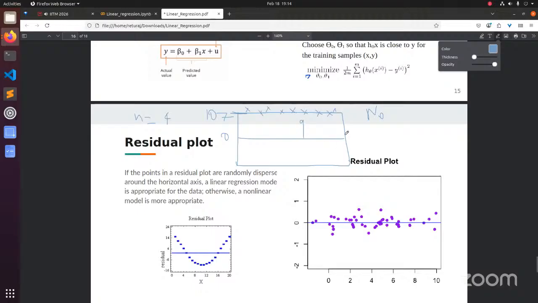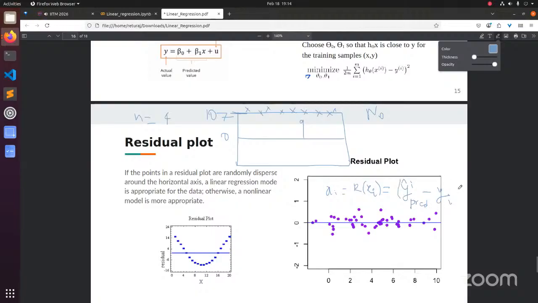Remember what we said about the residual plot? For every xi that you have, we find the residual of this xi. Residual of xi is equal to y prediction, y hat of i, minus the true yi.